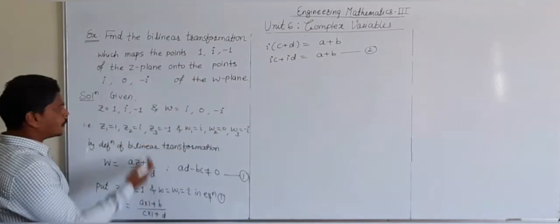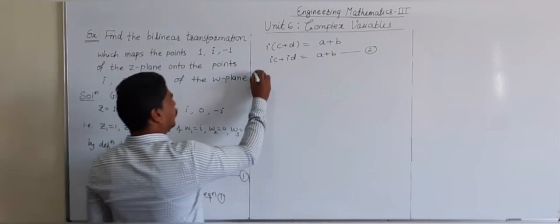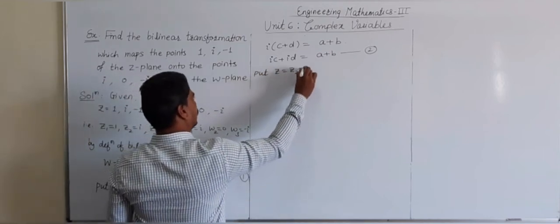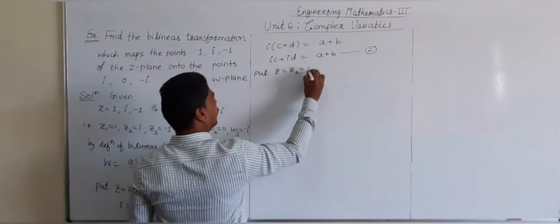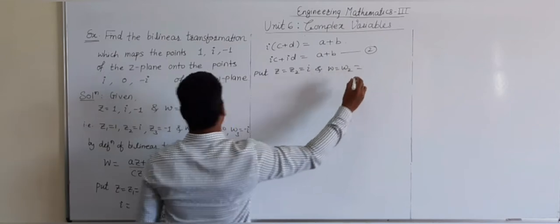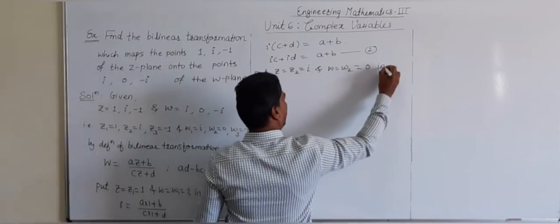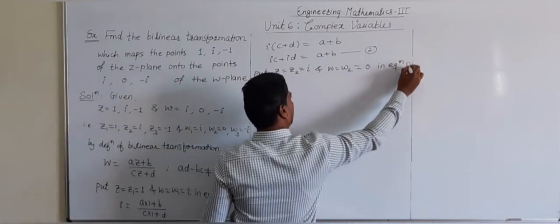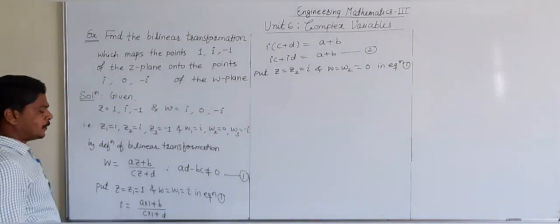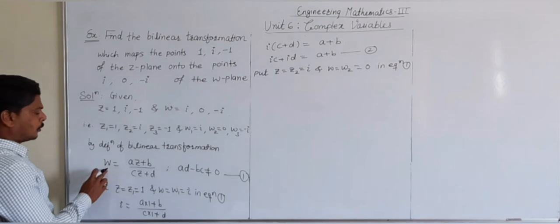Now use the second value of z. So put z is equal to z2 is equal to i and w is equal to w2 is equal to 0 in equation 1. So the next corresponding values are i and 0. So put these values in equation 1.